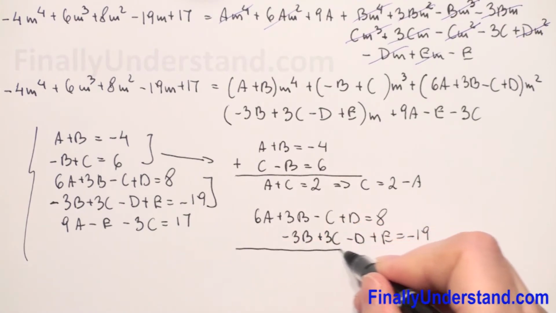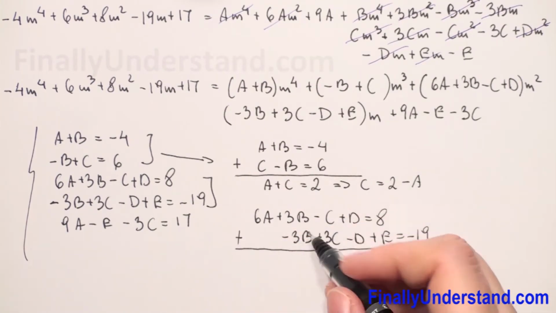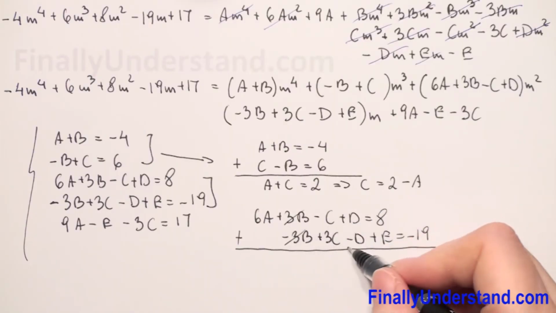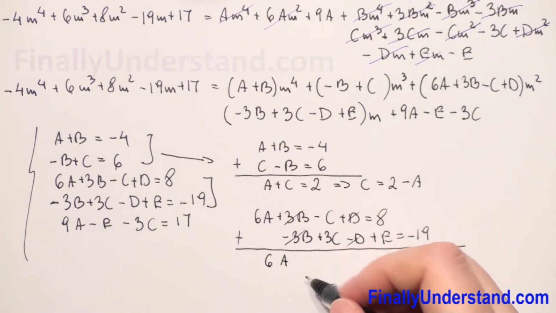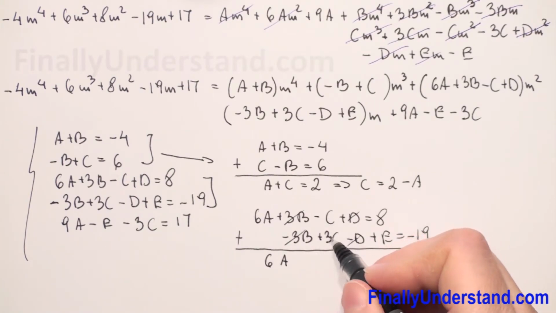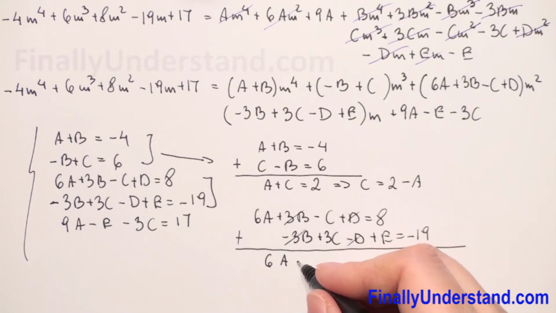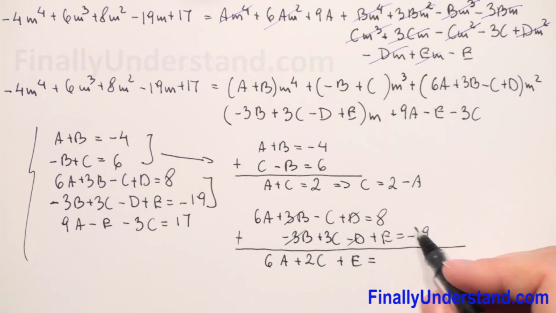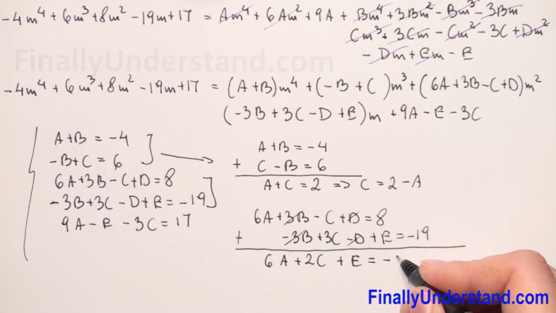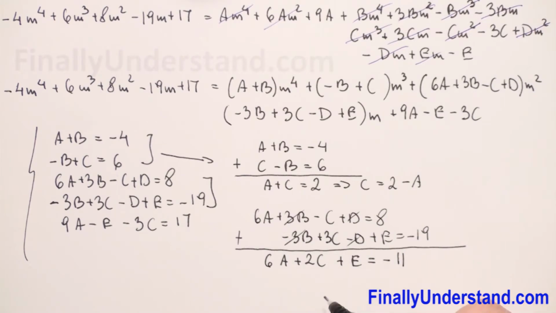So when we add these two equations, d will reduce, and we have 6a, and we have negative c plus 3c, so will be plus 2c plus e is equal 8 plus negative 19 is negative 11. What else we can do here?